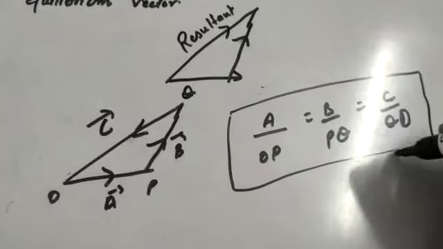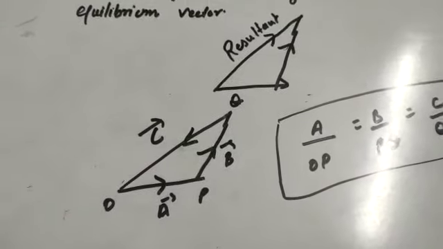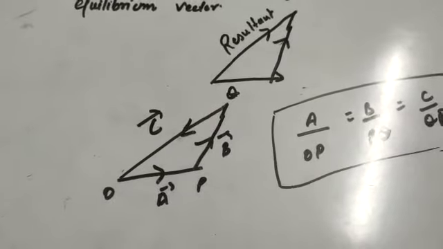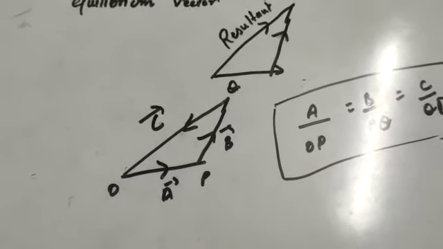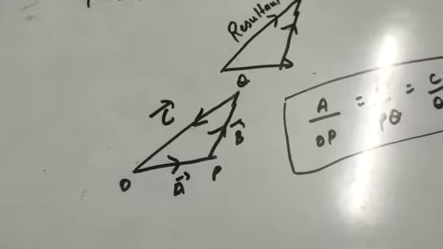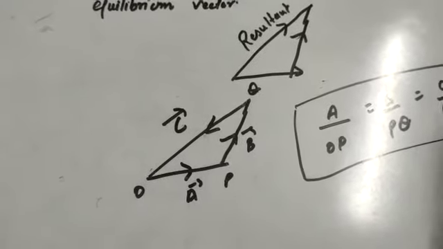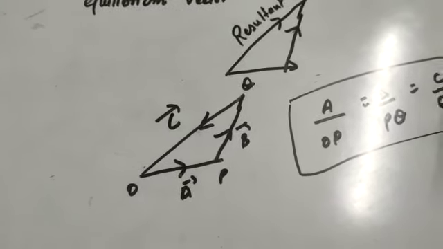There is another formula known as Lami's theorem, which is also considered as the condition of zero resultant vector, or the condition for vectors to be in equilibrium.